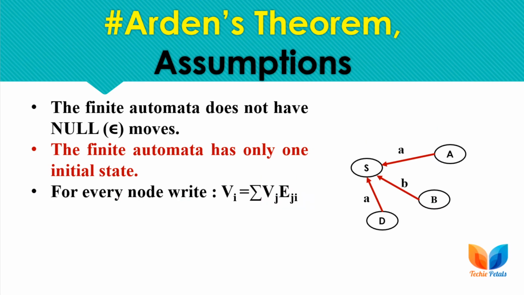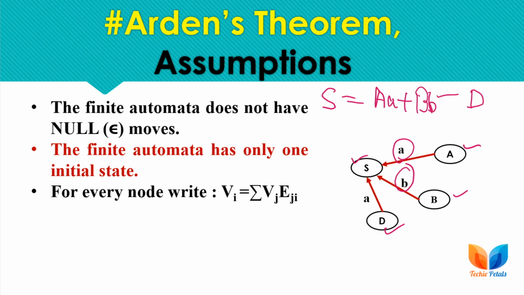For example, if we have four states S, A, B and D, and we have to write the equation for the state S, then we can simply write it like this: S is having incoming from A, S is having incoming from B, and S is having incoming from D. From A we are having the input symbol or terminal a, plus from B we are having the input symbol b, so we will be writing it here, and from D we are having input symbol a.